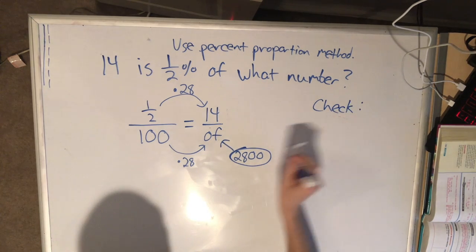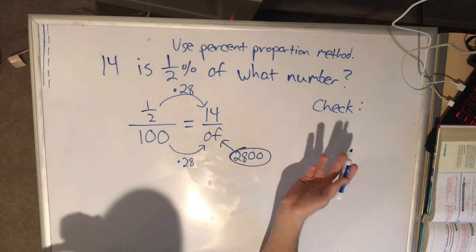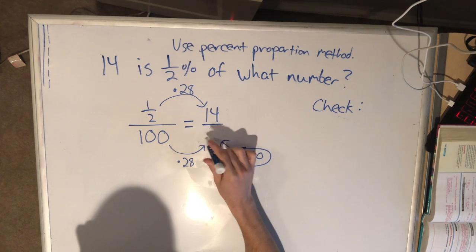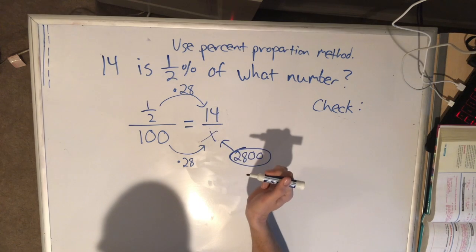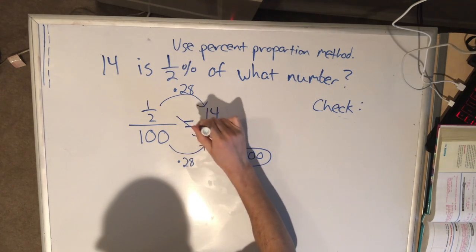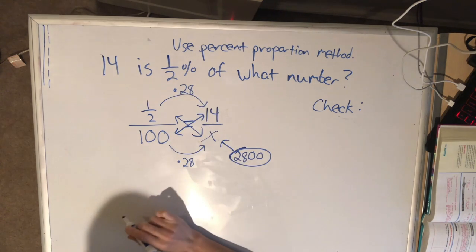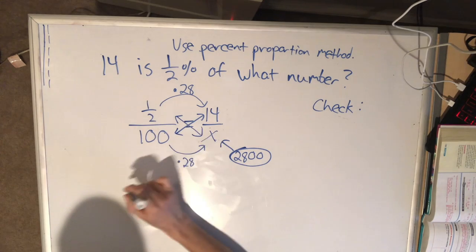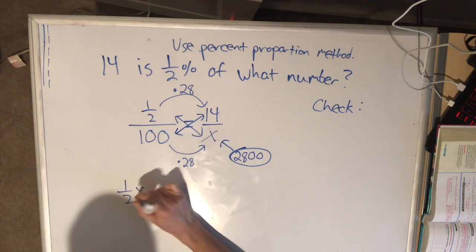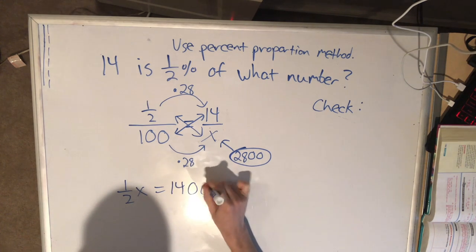By the way, we could have also replaced of with a variable such as x. And then since we have equal fractions, we could have cross-multiplied. Let's practice that really quick. So multiply the diagonals and make them equal to each other. 1/2 times x is 1/2 x. 14 times 100 is 1,400.